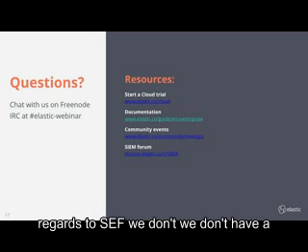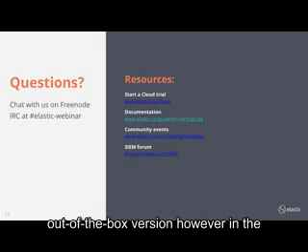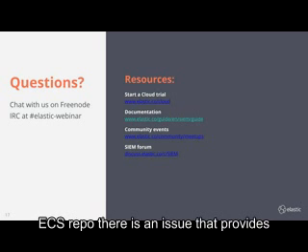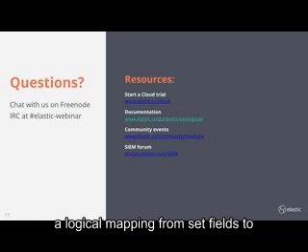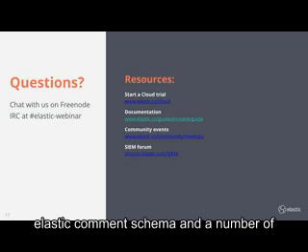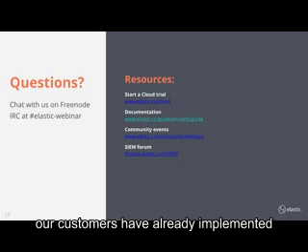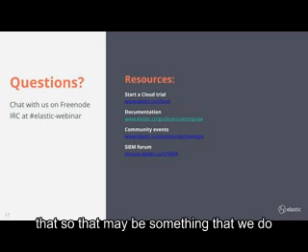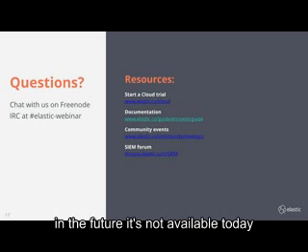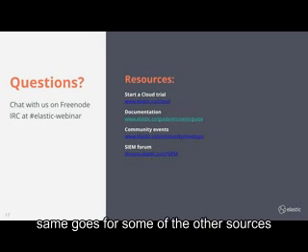With regards to Ceph, we don't have an out-of-the-box version. However, in the ECS repo, there is an issue that provides a logical mapping from Ceph fields to Elastic Common Schema, and a number of our customers have already implemented that. So that may be something that we do in the future. It's not available today. Same goes for some of the other sources.